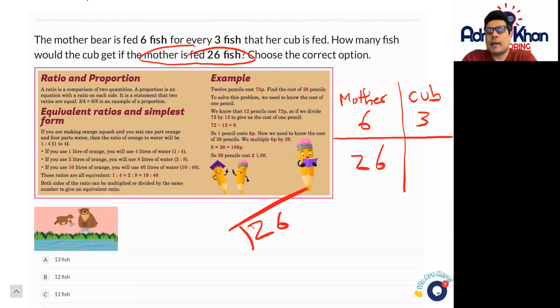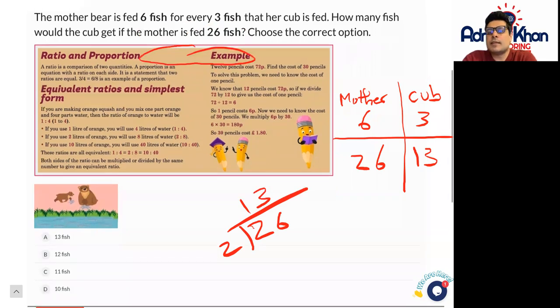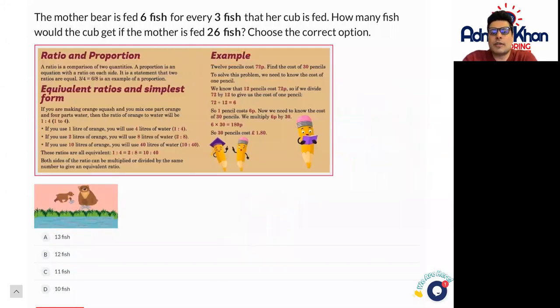So we're just working out the half of 26. So 2 goes into 2 once and 2 goes into 6 3 times. So in this case, the cub will have 13 fish as opposed to the mother who is going to have 26. So in this case, our answer is option A, which is 13 fish altogether.